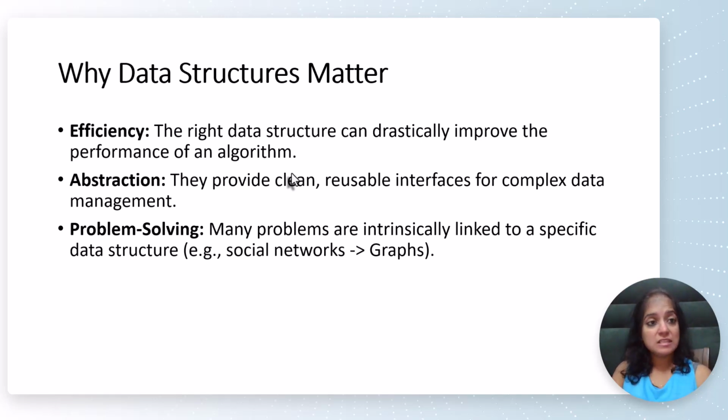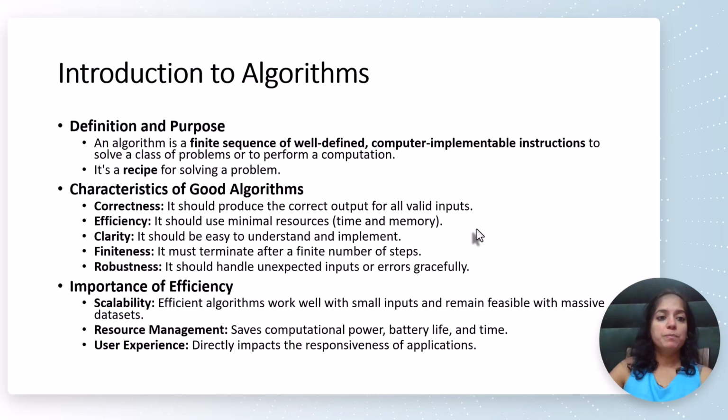Then if you go stand in a queue to purchase a ticket for a movie, that is an example of a queue. So different data structures are designated for different types of problems. It helps us to solve specific problems.